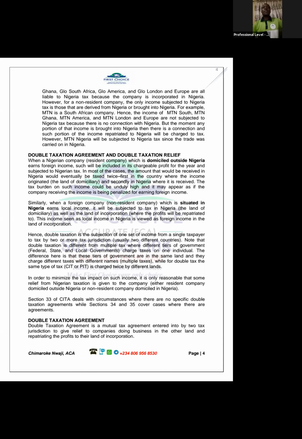Okay, now in double taxation agreement, there are two categories. One, when double taxation agreement exists. Now, I want you to look at it this way.